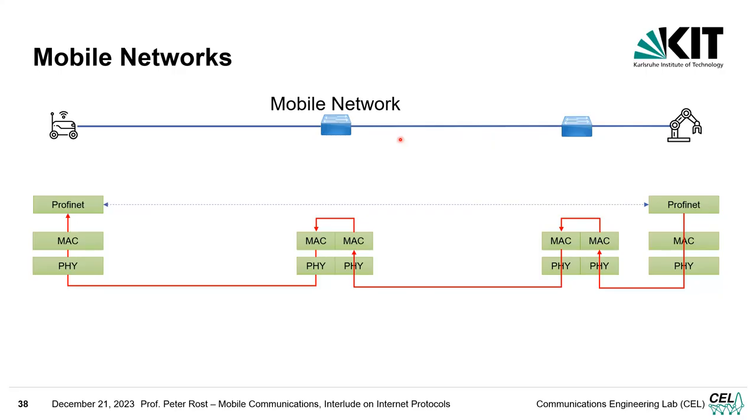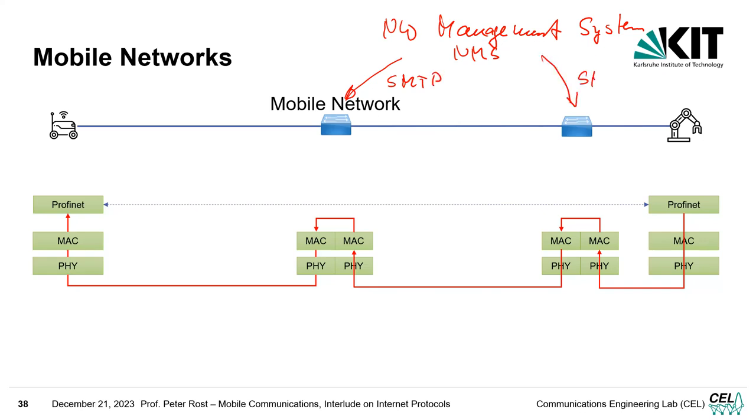You would only care that there is a bridge underneath, and then up here you would have some network management system, so NMS, which is then typically using SNMP in order to retrieve information from your mobile network and the other bridges.